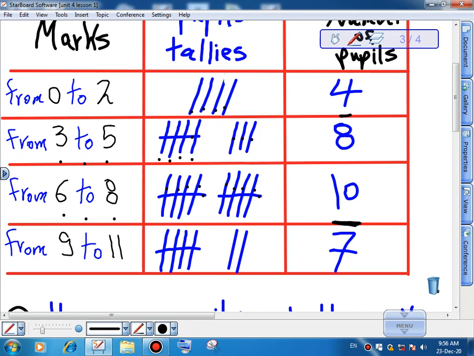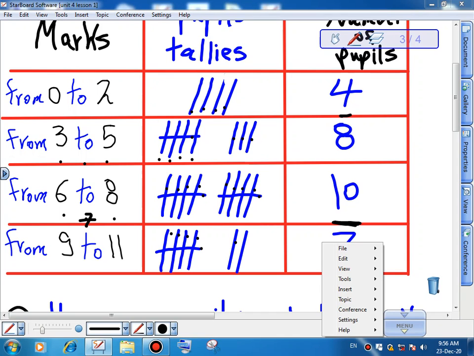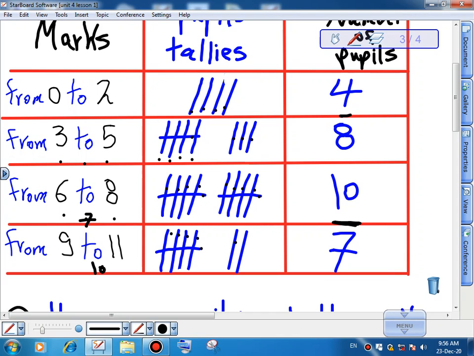And the next one, marks from 9 to 11. We check that: 1, 2, 3, 4, 5, 6, 7 students. 7 pupils get marks like 9 and 10 and 11.